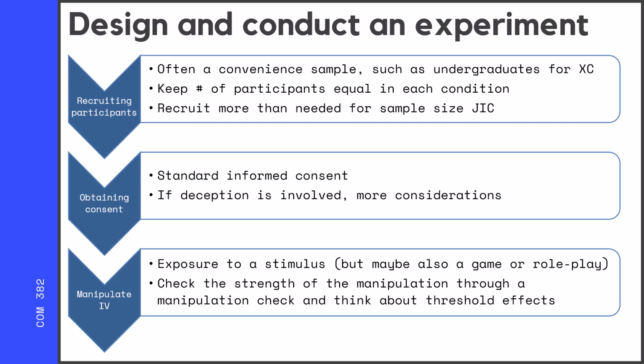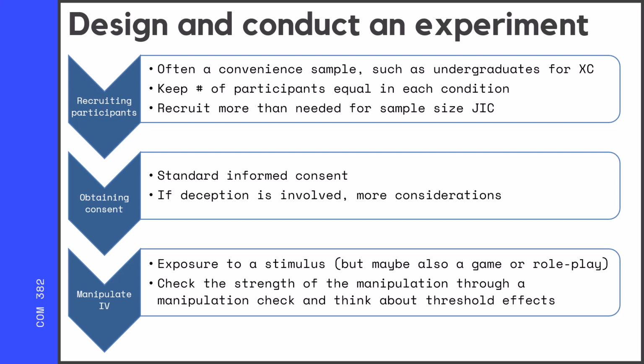Then remember, you're manipulating the independent variable, and that could be exposing someone to some sort of stimulus material, like a picture or music, maybe playing a game. Sometimes there are confederates, which are research assistants that are part of the experiment. Like there are other people in the room, but they aren't actually doing the study.